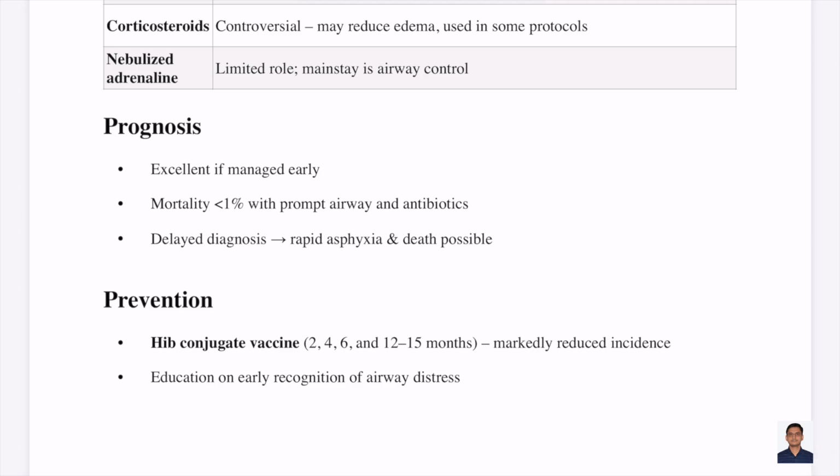Prevention can be done with the help of the Haemophilus influenzae B conjugate vaccine, which can be given as per the universal immunization program during the second, fourth, and sixth month, then a booster at 12 to 15 months, and proper education of the family members to recognize airway distress.